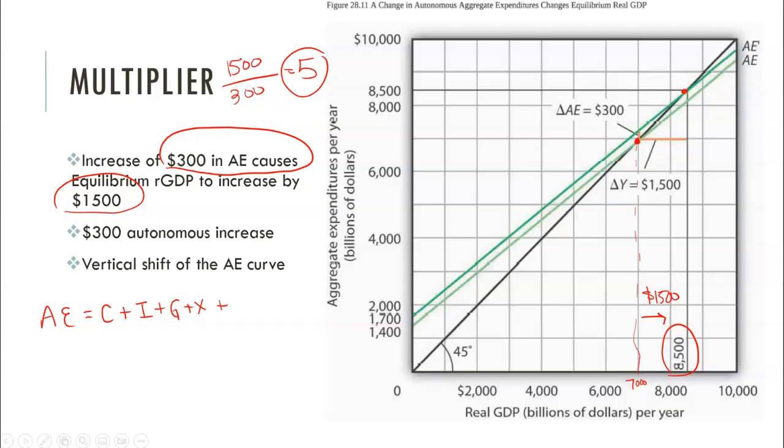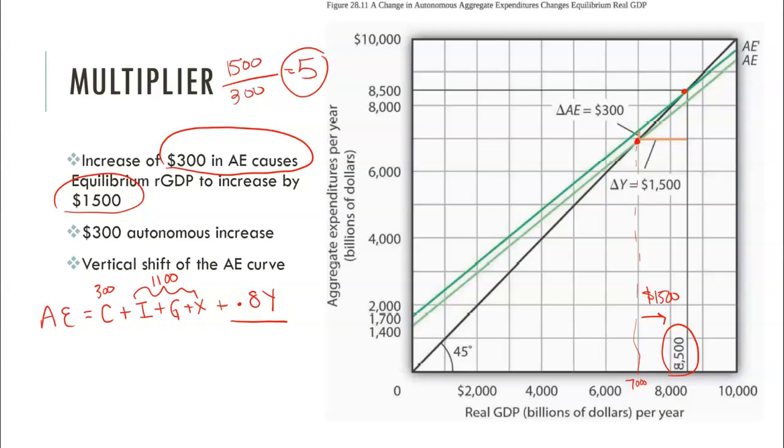In this example, our autonomous expenditures were $300 for consumption, and with the other components all of this totals $1,400, so this is $1,100. Then we have plus 0.8y, meaning for any new increase in income or real GDP, our consumers are going to spend 0.8, or 80%, of that.